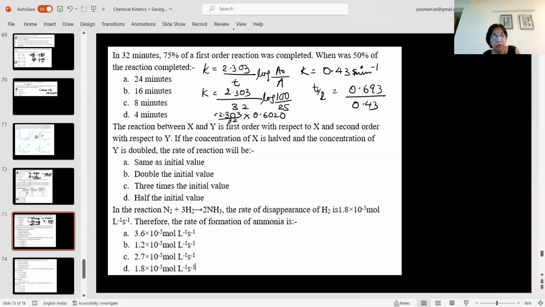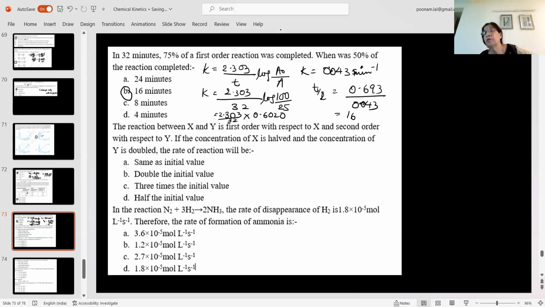That is equal to about 15. Let me check: 2.303 into 0.6020 divided by 32, it is 0.0433, okay, this is 0.0463. So the answer will come about 16. So the answer is 16 minutes.